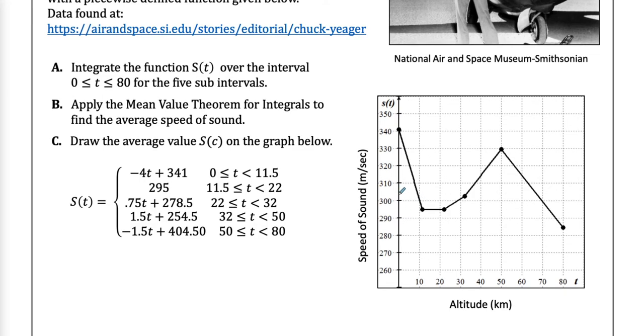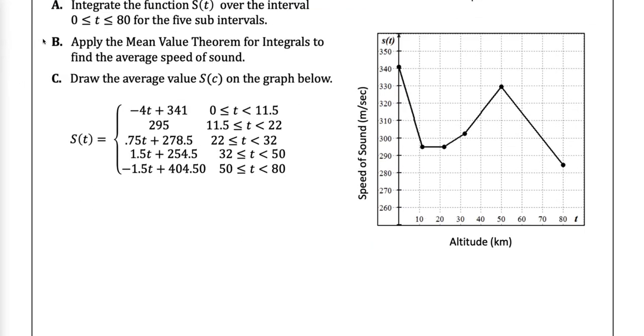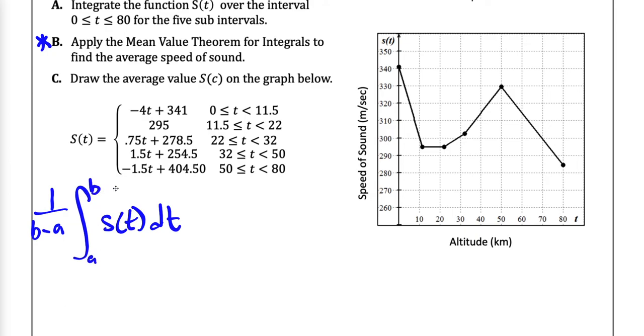So if we were trying to find the average value, part B, you cannot just immediately use the formula because they're all different equations. I can't just write s of t dt. There isn't one single equation to use. So we kind of have to come up with a method for what we want to do.